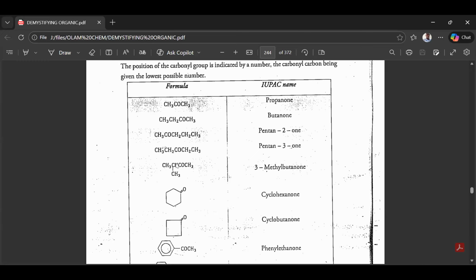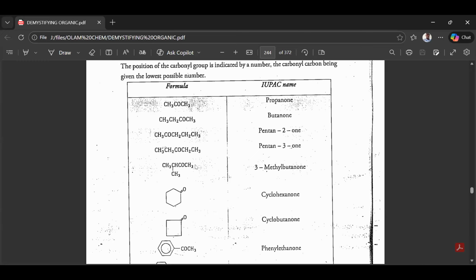Okay. So look at the fourth one and the fifth one. The fifth one is CH3, CH, CO, CH3 with a methyl group. Of course, we identified the longest continuous chain. The longest continuous chain has how many carbon atoms? 1, 2, 3, 4.